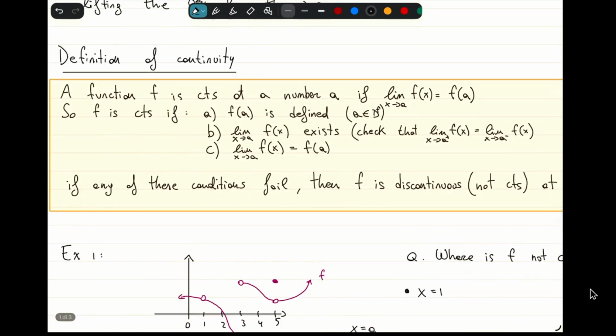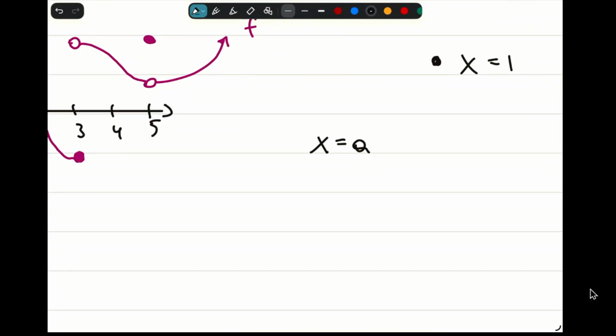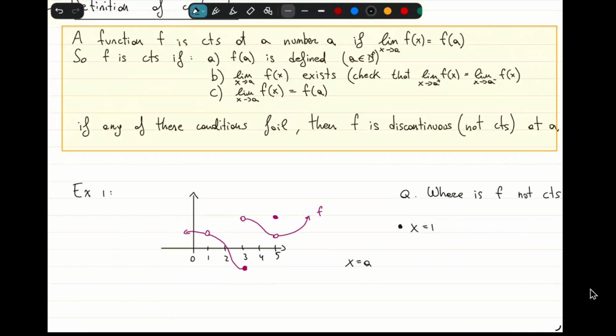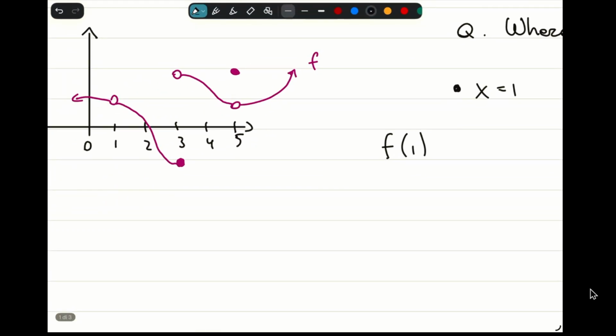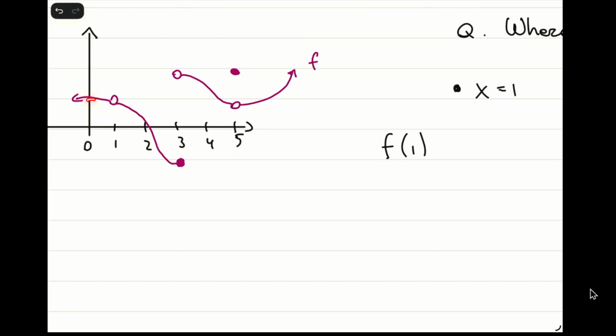Maybe you're getting confused why I'm changing notation, but x equals a, so our f of a will just be f of 1. So this basically means evaluate the height of the function at x equals 1. So we go check where x is equal to 1, which is right here. We go up, up, up, and then we evaluate this.